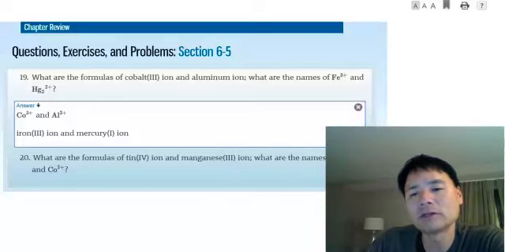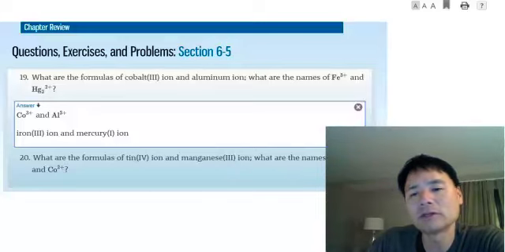And then we have cobalt-2 chloride. Chloride is a -1, so it would be CoCl2, which should balance out the charge. Silver sulfide, silver is fixed at +1, sulfide is a -2, and so this would be Ag2S. And then finally mercury 2 iodide.